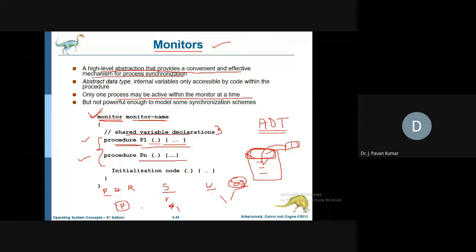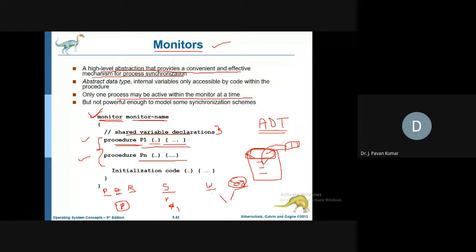While coming out of the critical section, P will execute the signal operation, so the semaphore value will be incremented by 1. So P will come out of it. By that time Q and R will be waiting. Q and R both will sense the value of the semaphore. Both will sense that the value of the semaphore is 1, so both will try to enter the critical section.